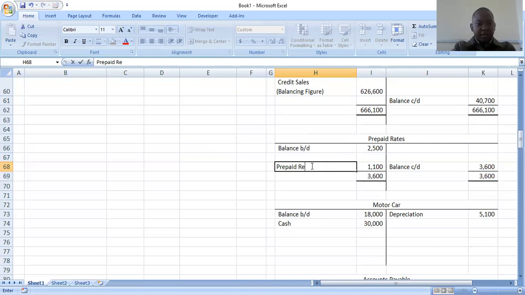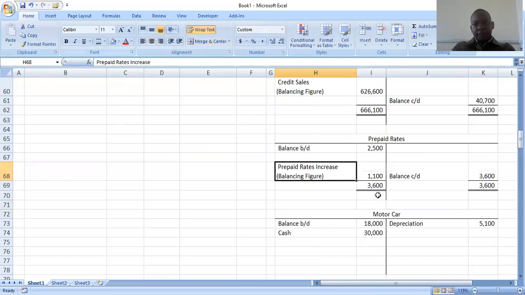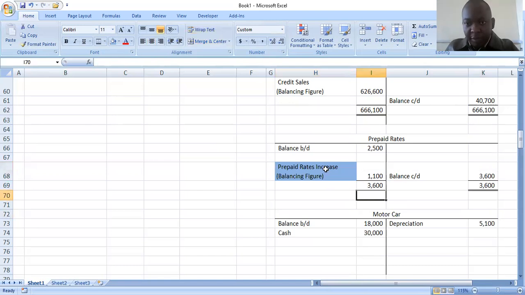So let me indicate that. And this is the balancing figure. So it means here that the prepaid rates have increased, yeah, by 1,100.